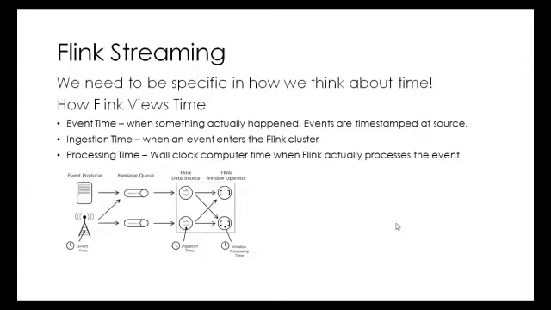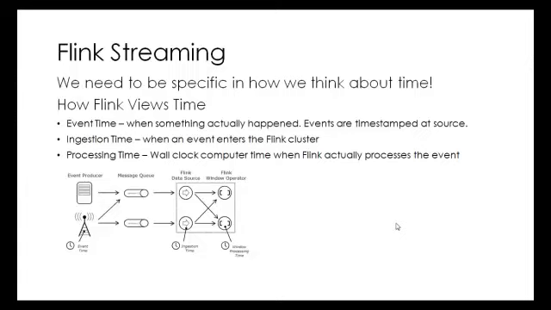So the time that it happened at the source has a special name. That's called event time. That is when the device itself timestamps its data. And in Flink, a timestamp is just a Java long. It's the number of milliseconds since January 1, 1970. That's how it represents longs internally.